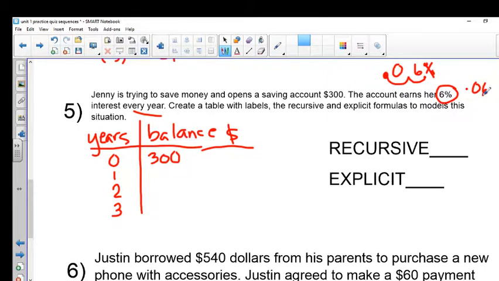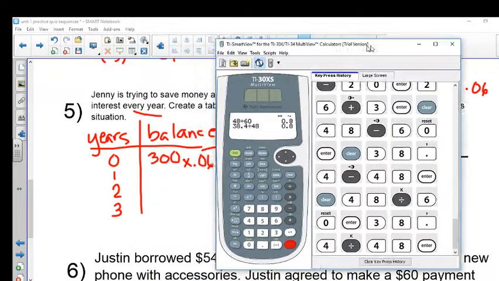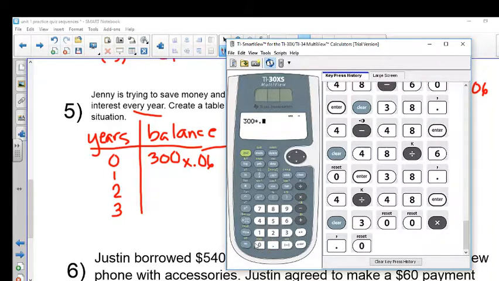So what we have to do is multiply. We take our 0 term and multiply it times 0.06 to get our next one. So we look over here and we do 300, let me clear all these. We do 300 times 0.06. And we get, she's going to get $18.